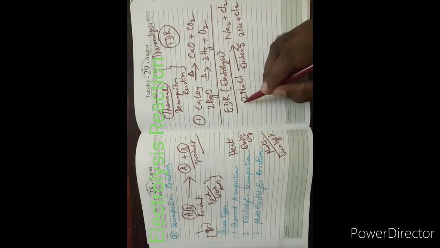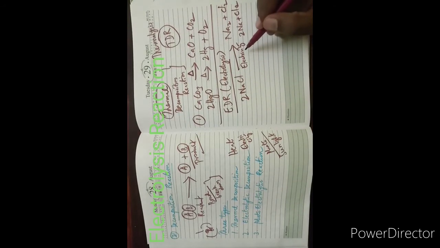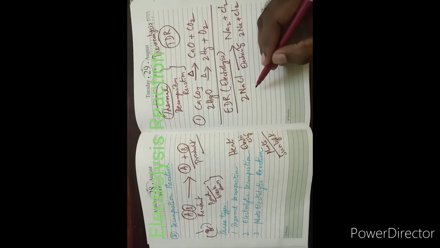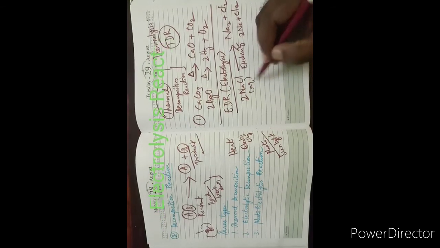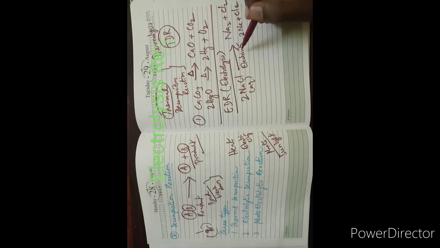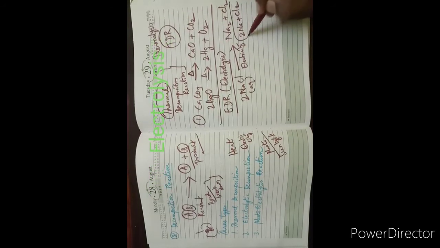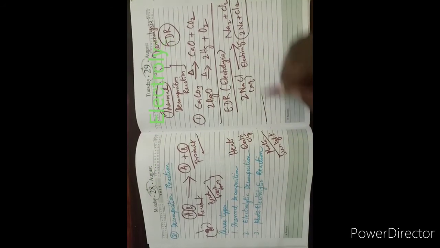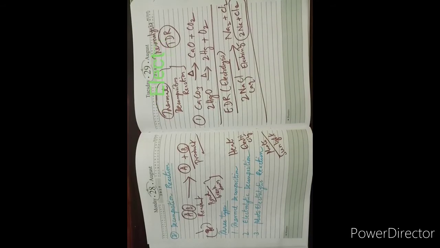This sodium chloride should be in an aqueous state, which means in water. On application of electricity, it will split into sodium and chlorine. So this is an example of electrolysis reaction.